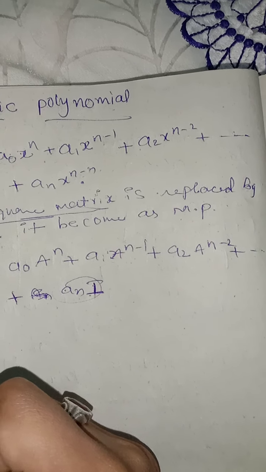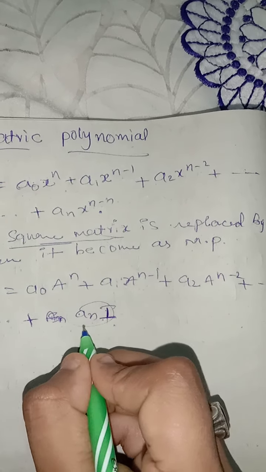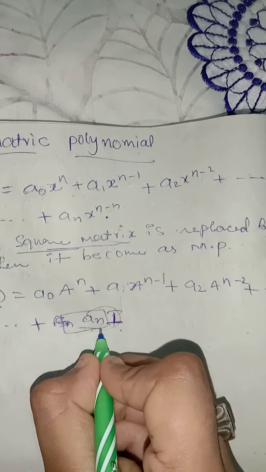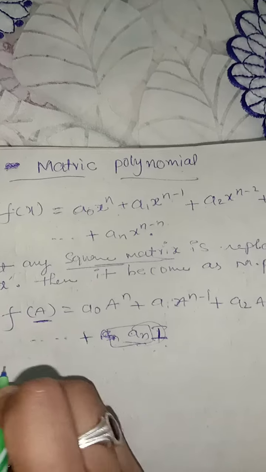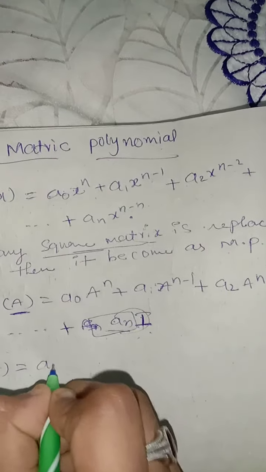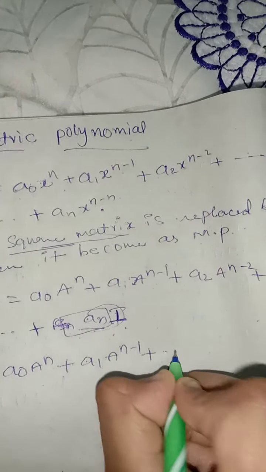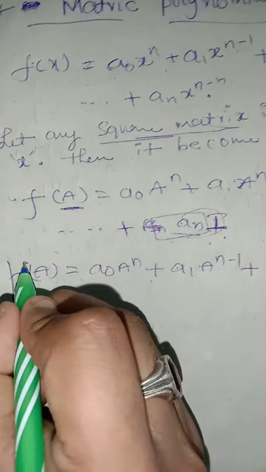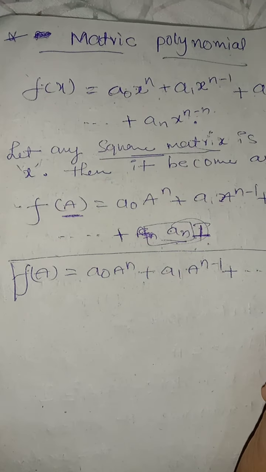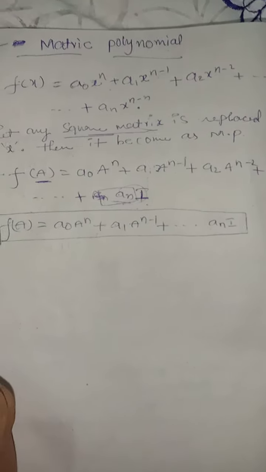Any constant multiplied with I gives the same constant times the identity, so now we can easily add it with A. So the resultant matrix polynomial is a naught A power n plus a1 A power n minus 1 plus so on plus an times I. Now it became a matrix polynomial. This is the concept of matrix polynomial.